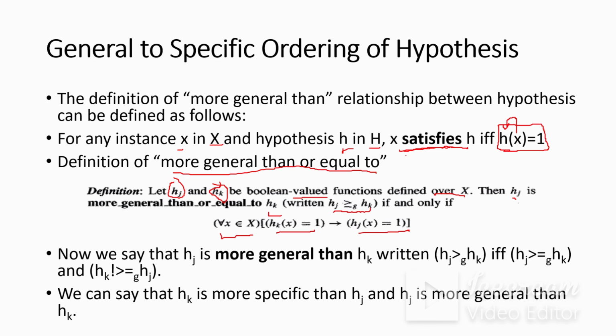It means that if an instance x satisfies Hk, then it also satisfies Hj. Then we say that Hj is more general than or equal to Hk.